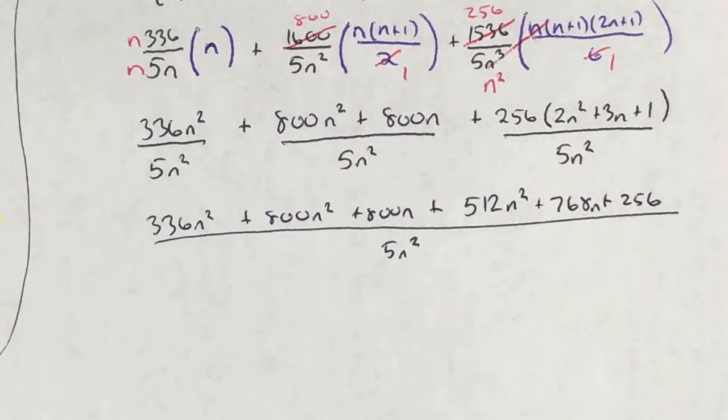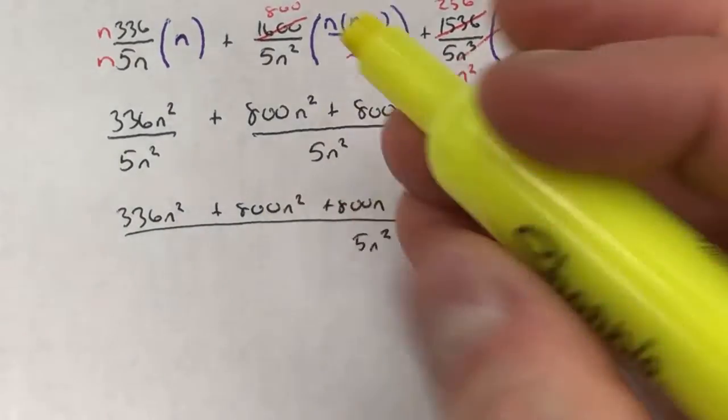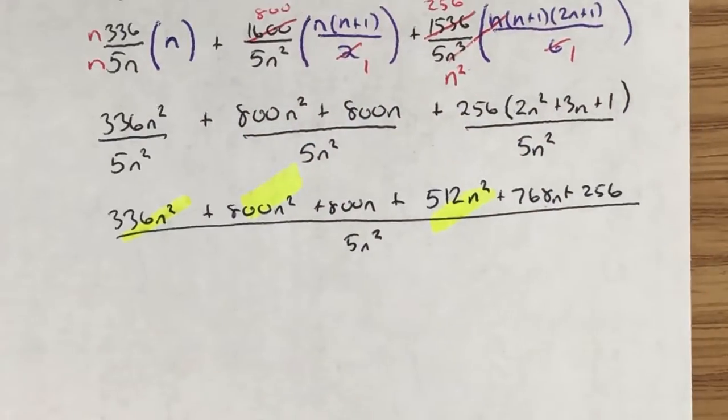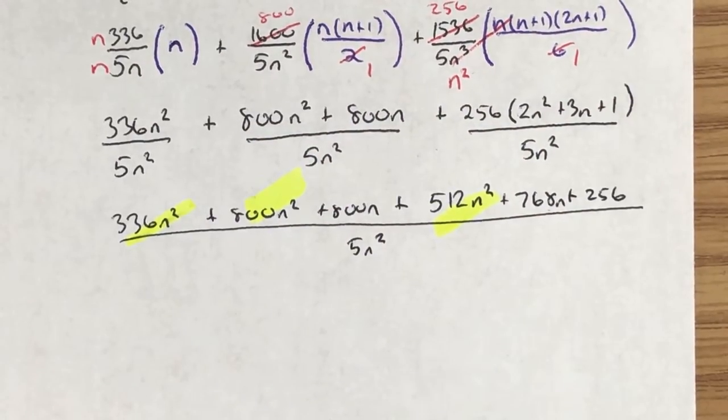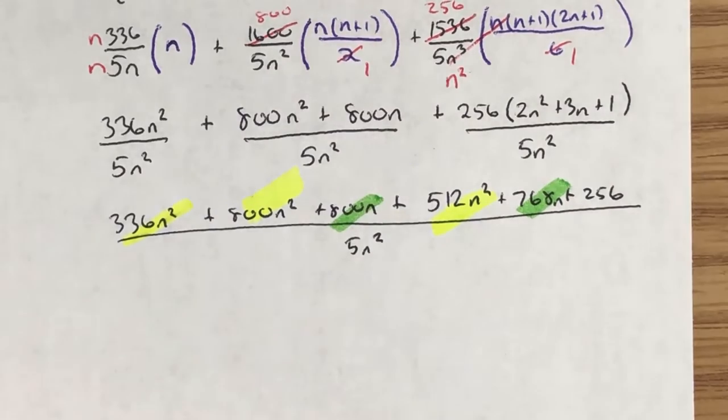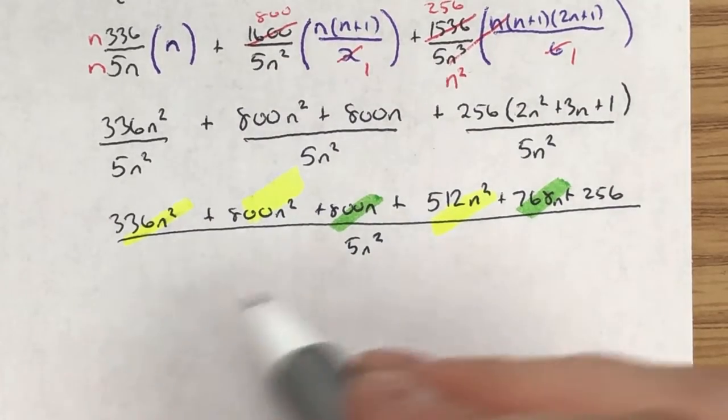Okay. Now at this point is where we start combining them together. Let's see, I have my n squareds. We also have our n right there and right there. Let's go ahead and combine these.